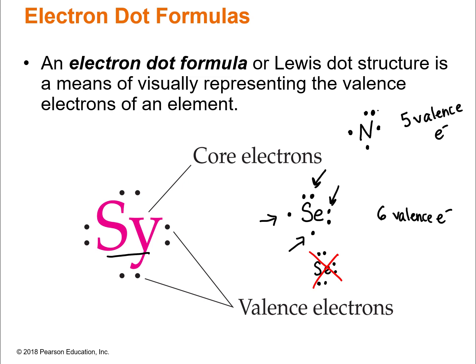One thing that I didn't mention on the previous slide that will help you figure out the number of valence electrons. We're talking about groups 1A through 8A, so the representative elements only, only the ones with the A. That group number tells you the number of valence electrons.